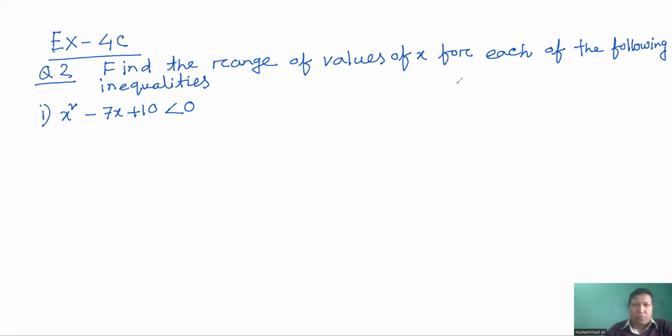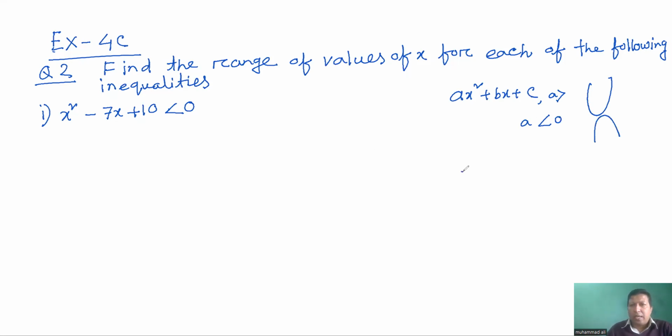Before starting, one thing we should be clear about: for any quadratic expression ax square plus bx plus c, if the x square coefficient is positive, the curve will be u-shaped, and if a is negative, the curve will be cap-shaped.